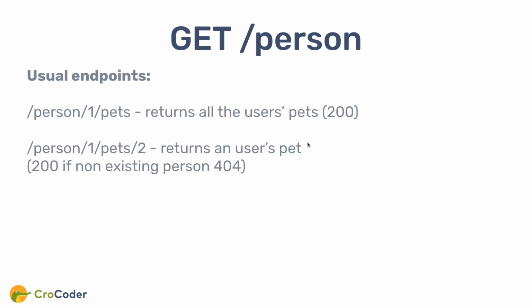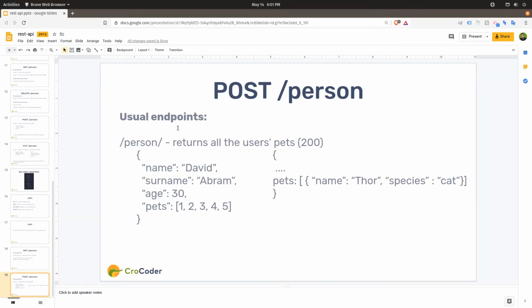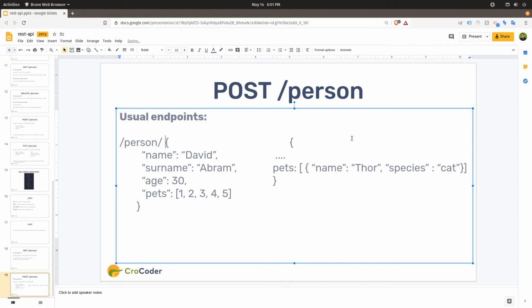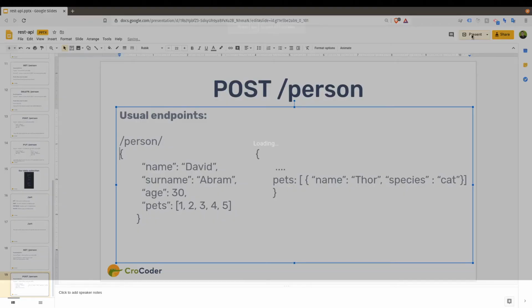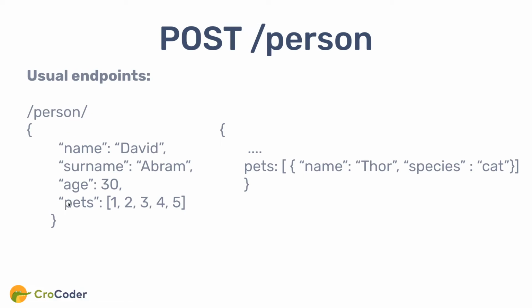The other thing is when we are creating some person with post or put in our example here, we should return all. In the usual endpoint here, we can define some added stuff, and on Saturday we will do exactly this.